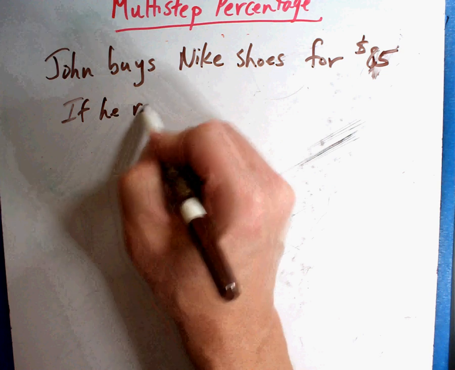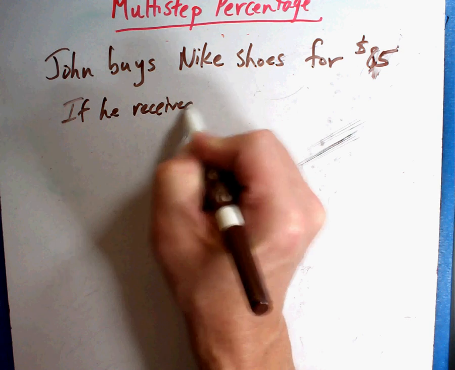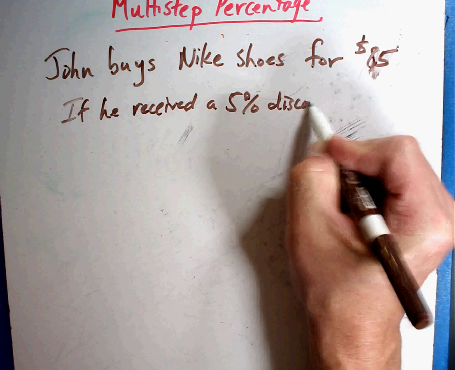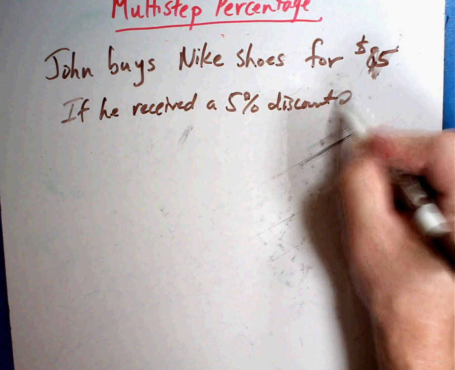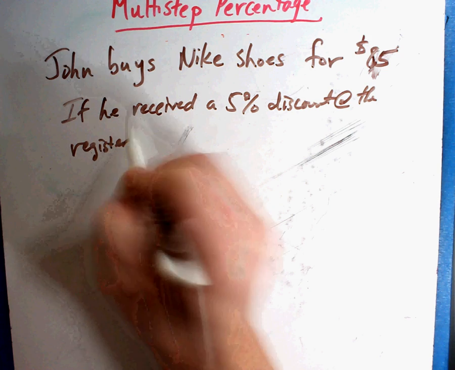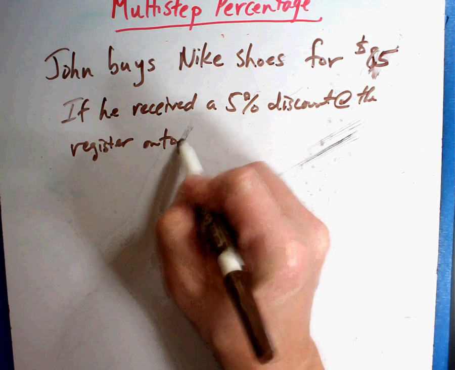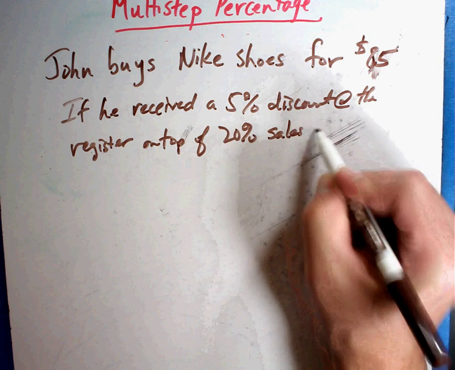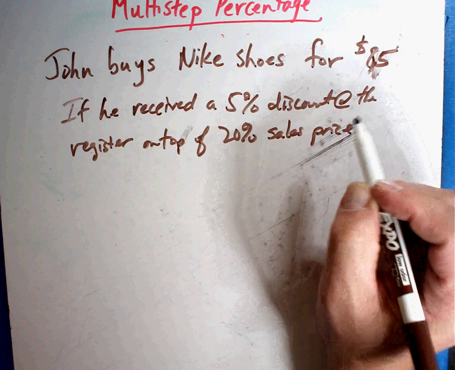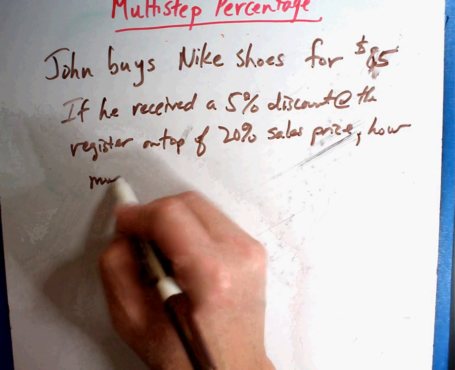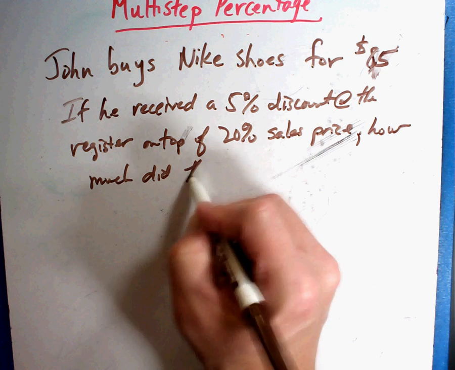If you received a 5% discount at the register on top of a 20% sales price, how much did they cost?